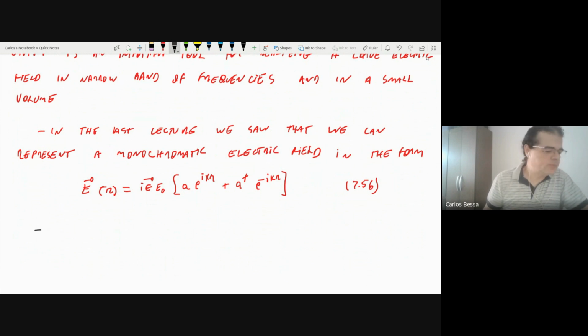So now today we are interested in the Fabry-Perot cavity and how you can make large electric fields inside the cavity.